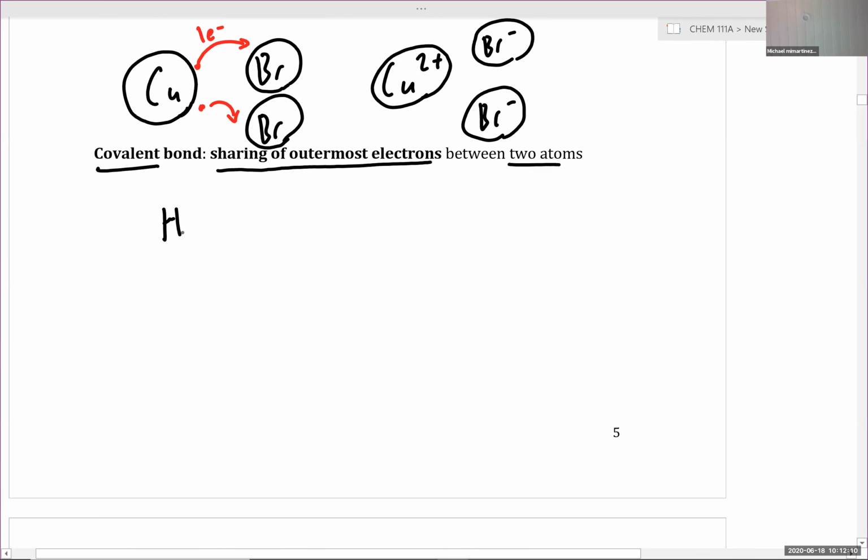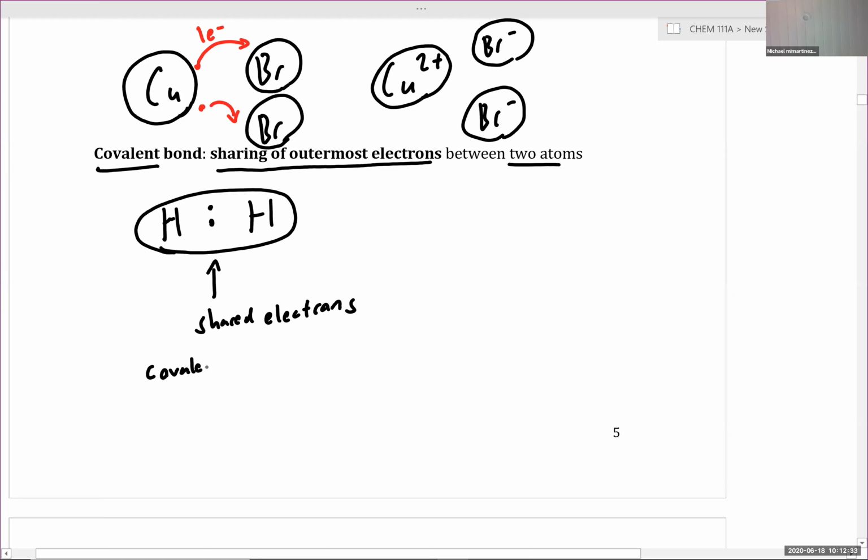So for example, if we have two hydrogen atoms participating in a covalent bond, these hydrogen atoms will share electrons, and these shared electrons are often depicted with a dot or a line. And these shared electrons represent what is known as a covalent bond.